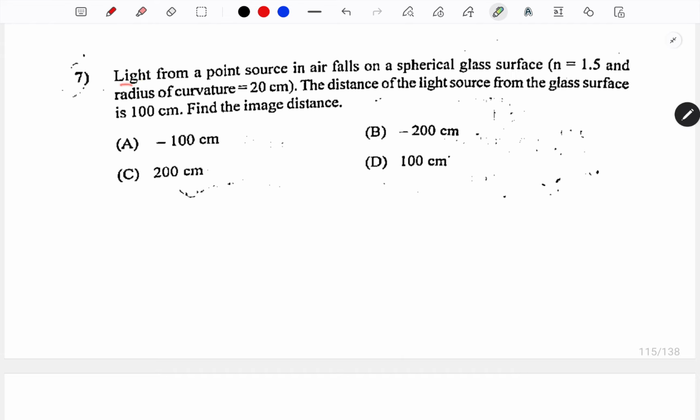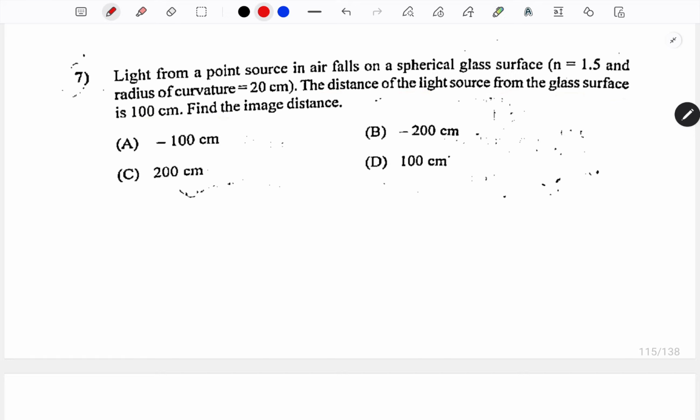A light from a point source in air falls on a spherical glass surface of refractive index 1.5 and radius of curvature 20 cm. The distance of the light source from the glass surface is 100 cm. Find the image.